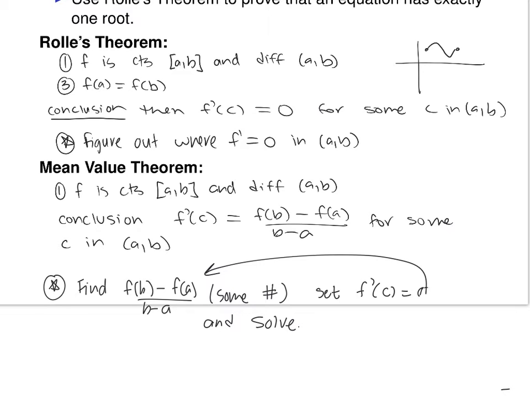And officially, the picture for this one is something like this. You have some unequal y values, let's assume they're unequal, function that goes between them. The f of b minus f of a over b minus a is the slope of that secant line. It's the average rate of change, or you think like your average speed. It's saying somewhere in the middle, your velocity is the same thing.